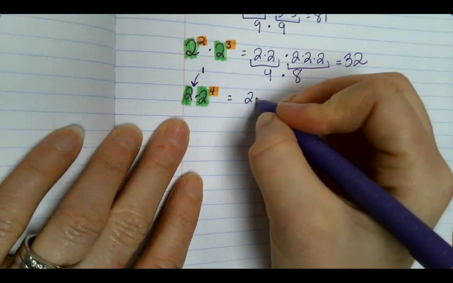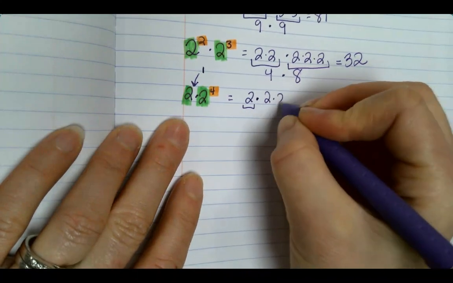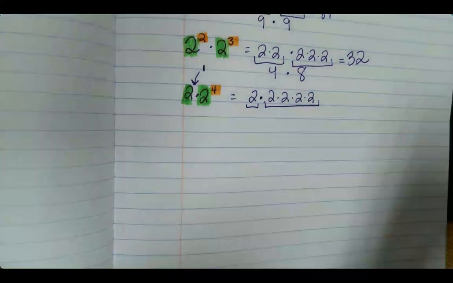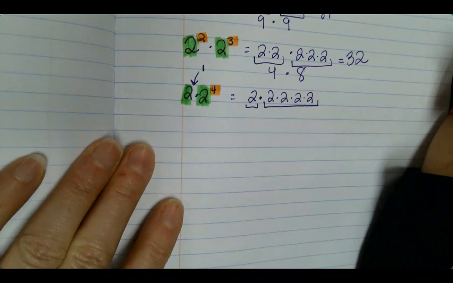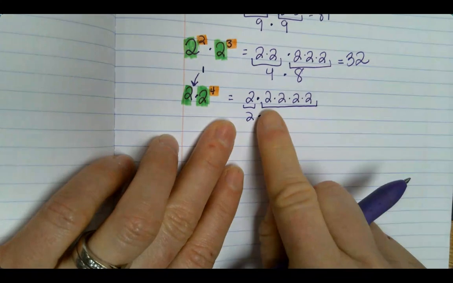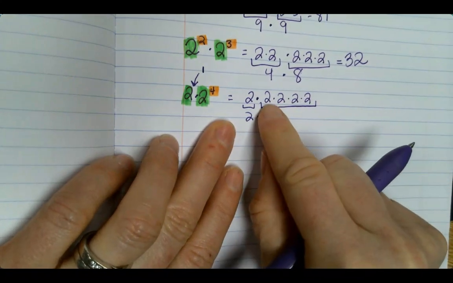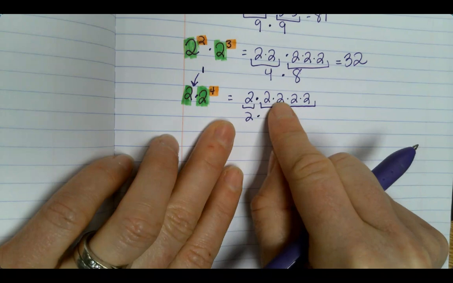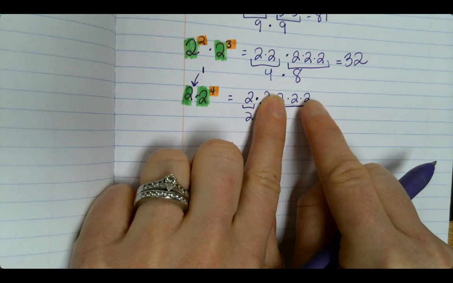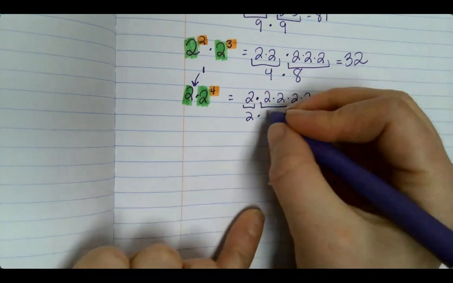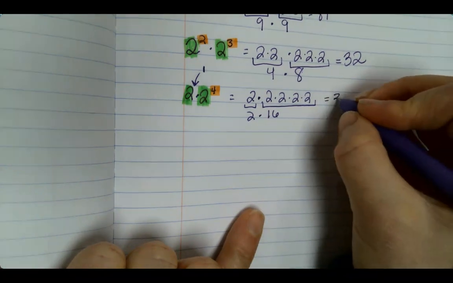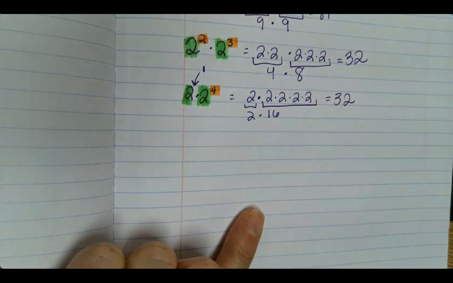So this just means 2 times, because that's the 1, and then 4 of them. Now we got to do this in our head. So let's work it out. You ready? 2 times 2 is 4. What's another 2 times 2? What's 4 times 4? 16. What's 2 times 16? 32. Yeah, these are the same.